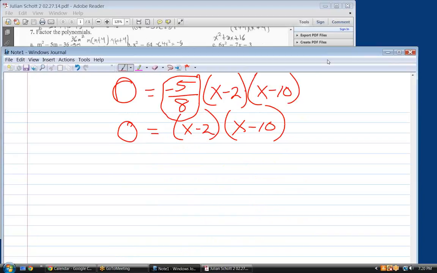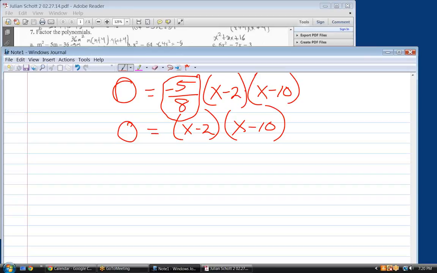We don't want to multiply it together because that would turn it into a quadratic, and the way to solve a quadratic is by factoring. So this one's already been factored.